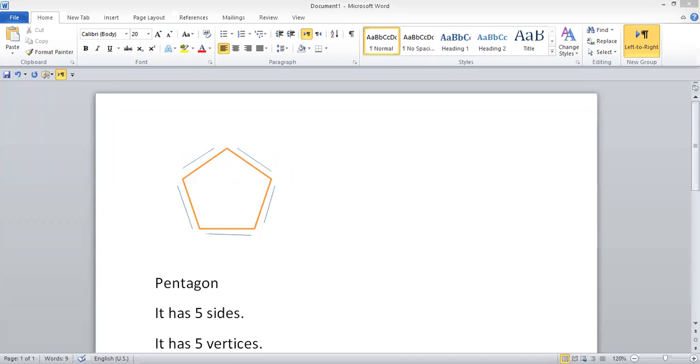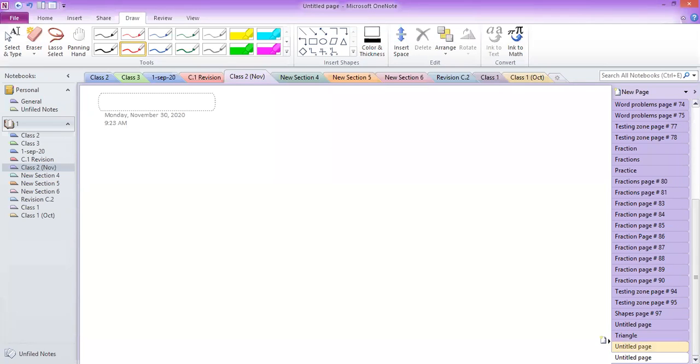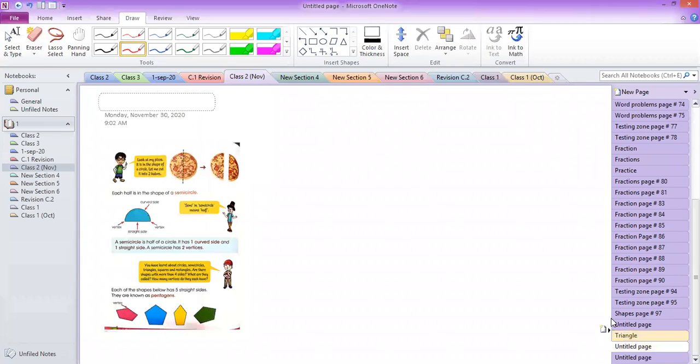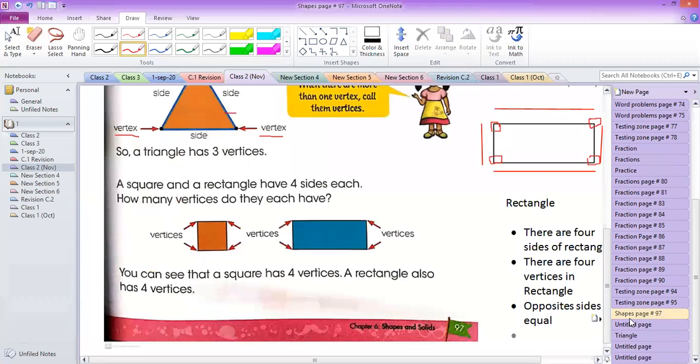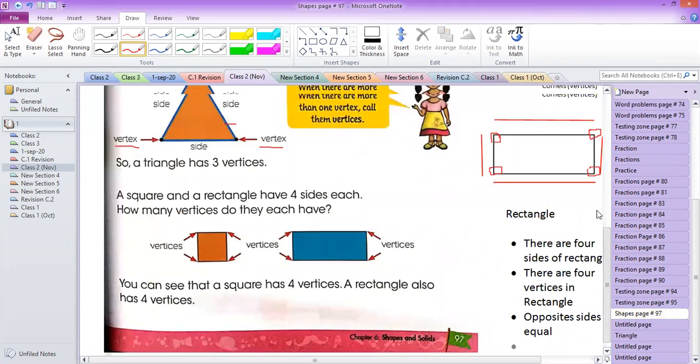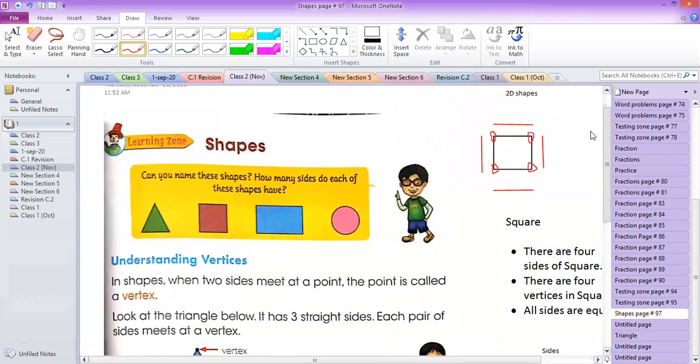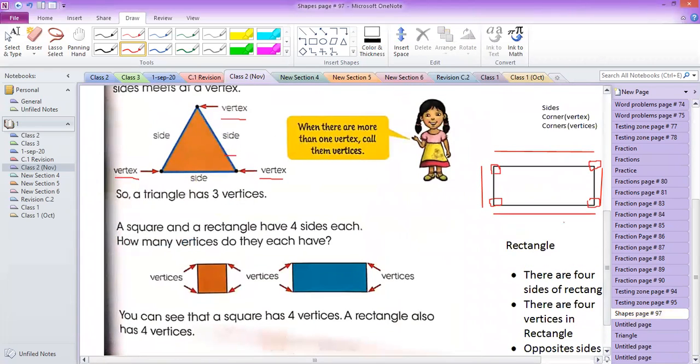One up and one right and one down. Look here. This is vertex. 1, 2, 3, and 4.